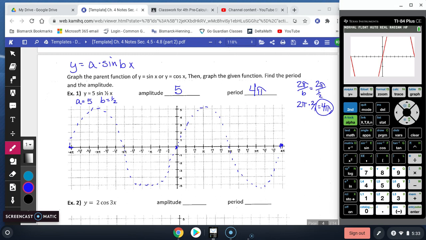I forgot to do something. Remember, we still have our window set from those previous graphs, and I only went to +2 and -2. So I'm going to want to adjust my window. So I definitely want to be able to go -5 to +5 because I know it's that tall.